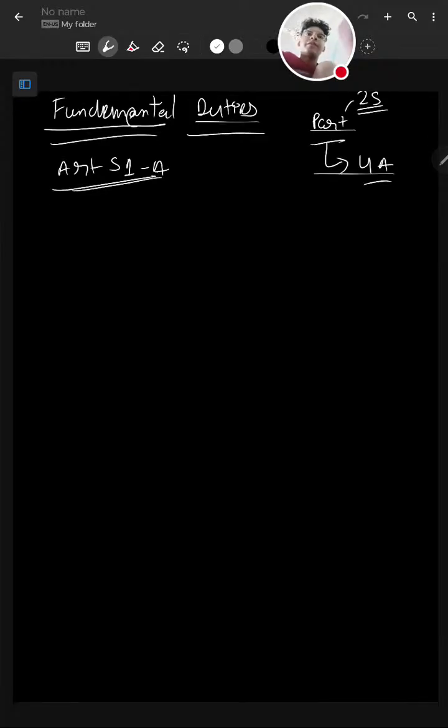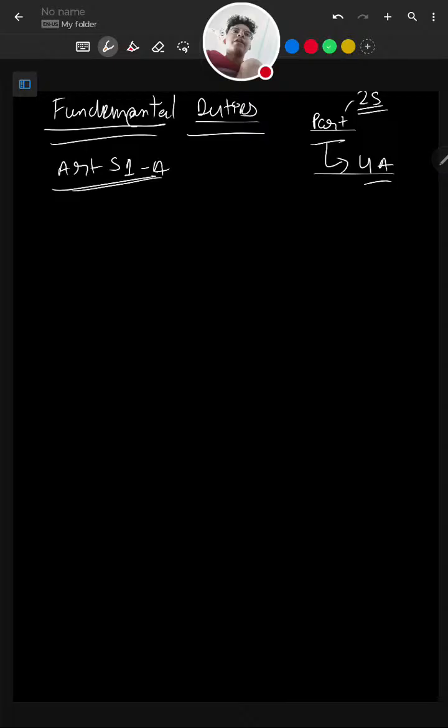Now fundamental duties were brought up by your, as you know, like we did which different part of the constitution is taken by which different country.